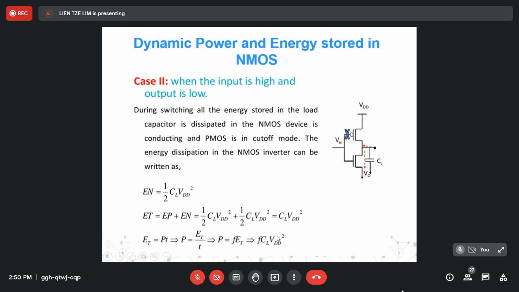So there are two energy dissipation formulas for the respective NMOS and PMOS.